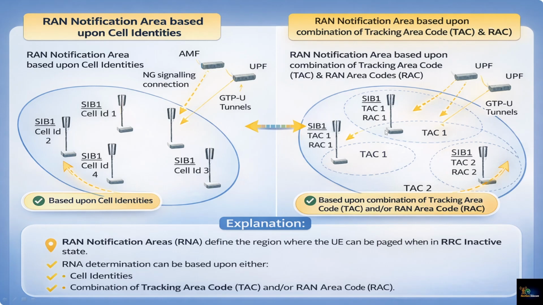Here we can see TAC ID 1, TAC ID 1, TAC ID 2. TAC ID 1 and RAN area code is 1. So if the UE is here in TAC 1 and RAC 1, and it moves from TAC 1 RAC 1 to TAC 2 RAC 2, the RAN notification area will be updated through resume request.